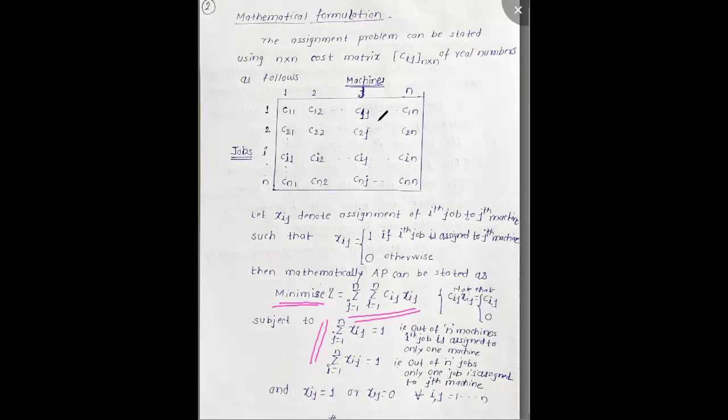That is, out of n machines, the ith job is assigned to only one machine. Any one job is assigned to only one machine. So this is how we formulate the assignment problem.